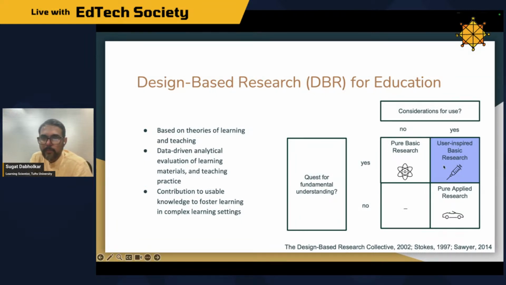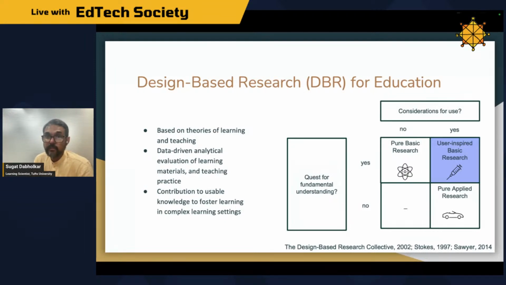The top left quadrant, with little consideration of use and a quest for fundamental understanding, is pure basic research, like quantum mechanics or understanding how different elements work or biological research. There is also pure applied research, which is designing cars or making technological innovations.